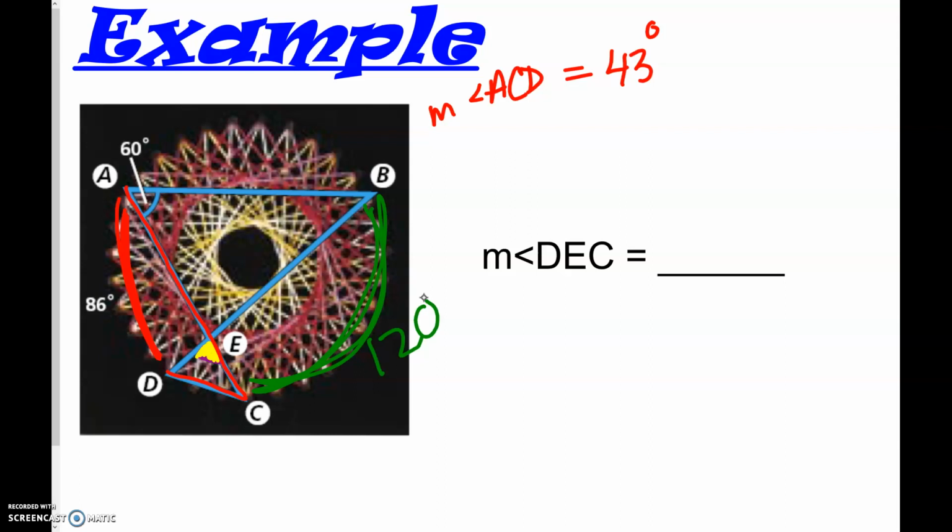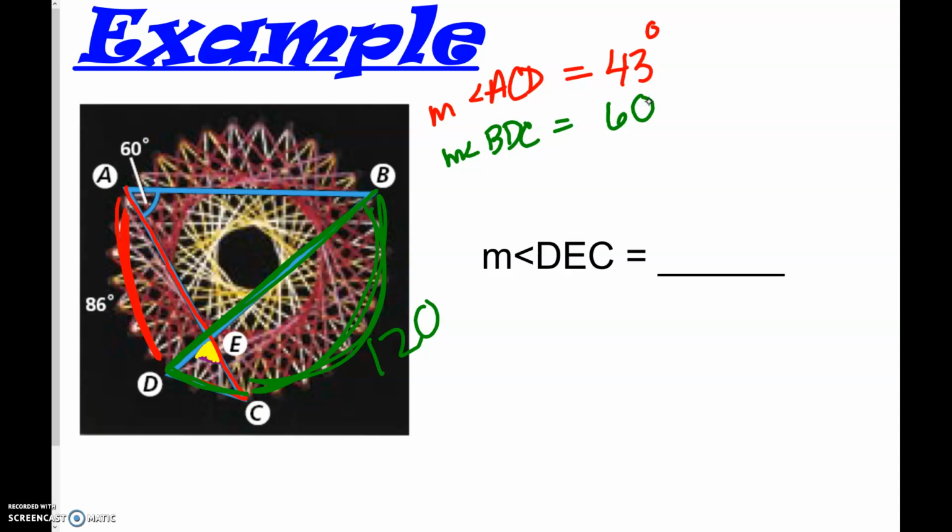So if that is 120 degrees, then can't we use this inscribed angle, because this green one goes to that intercepted arc of 120. So now isn't the measure of angle BDC going to be 60 degrees?